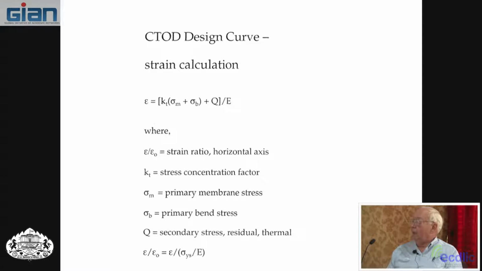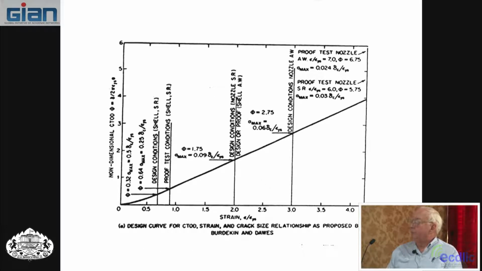So the epsilon naught is the strain at yielding. So here is the abscissa, strain over yield strain. Here is the ordinate, the vertical, and it is a phi, which is a non-dimensionalized CTOD.